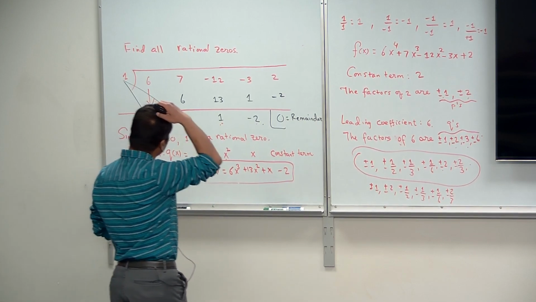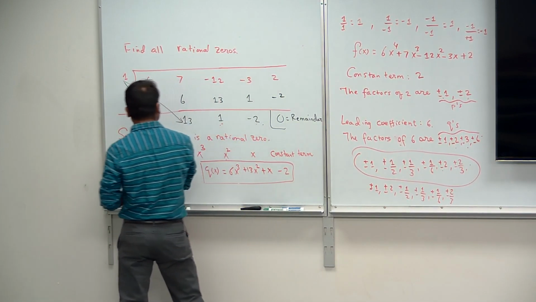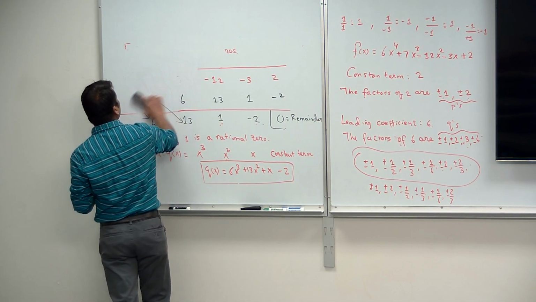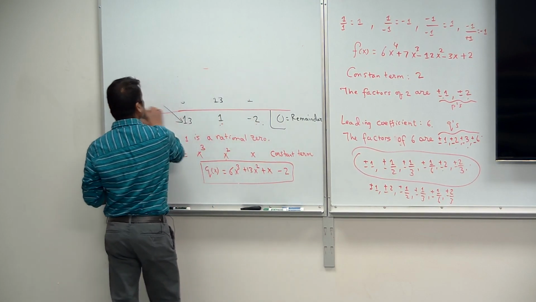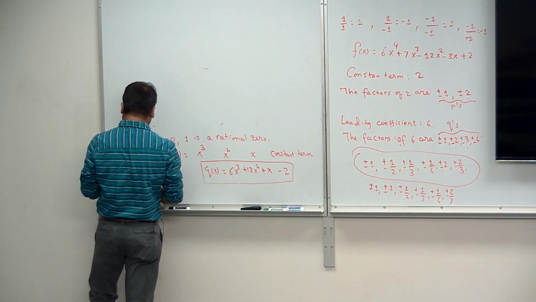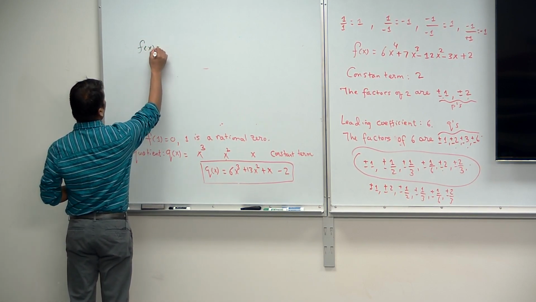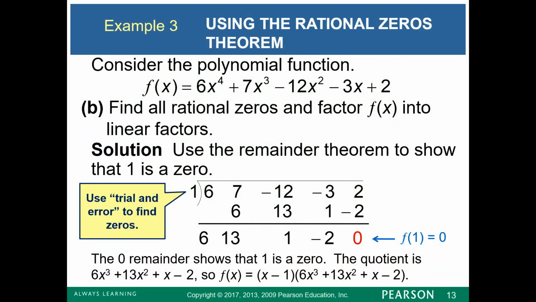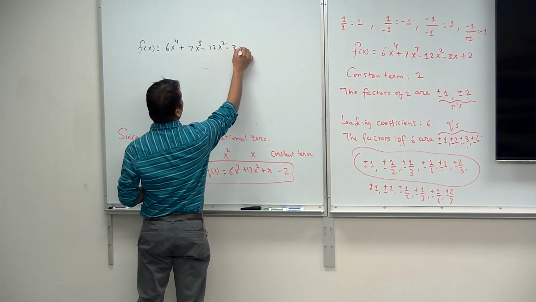And then if you use division algorithm, you see your dividend is 6x to the power 4 plus 7x cubed minus 12x square minus 3x plus 2.